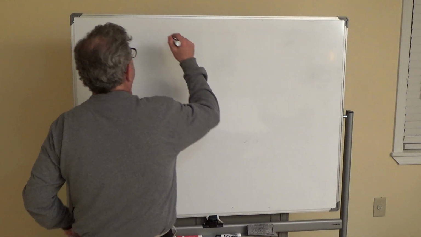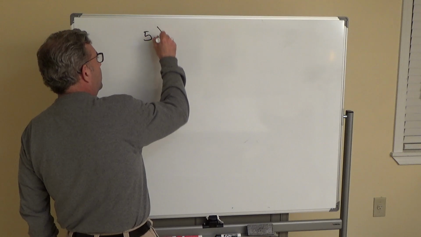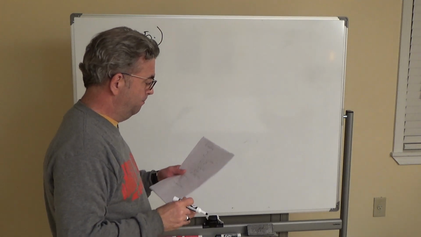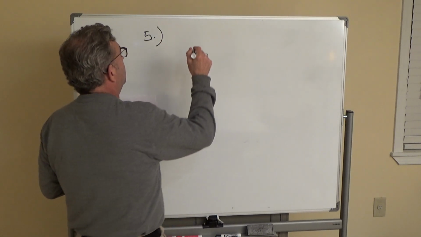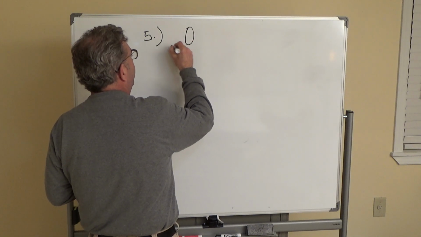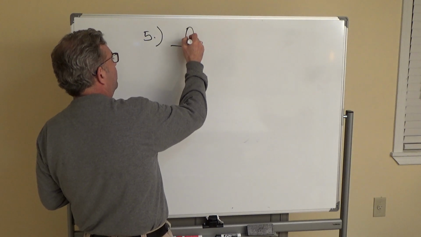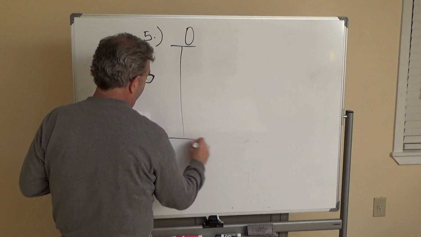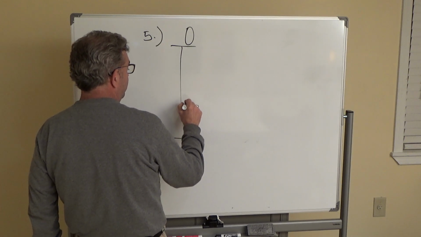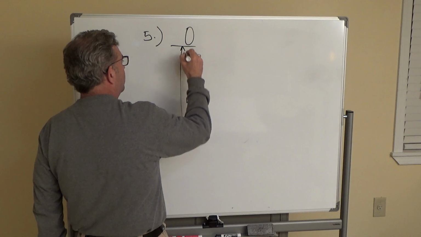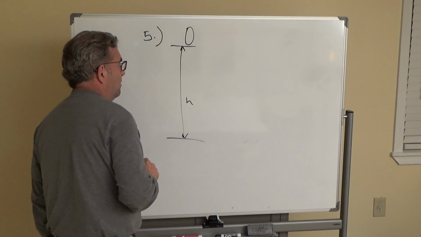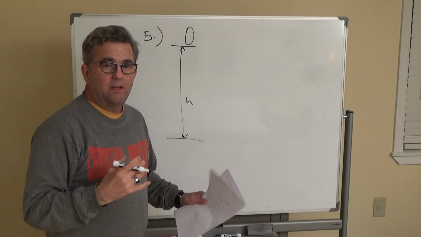Number 5 is a skydiver problem. So assume an oval skydiver. Here's the skydiver, and here's the ground, and this distance is h. Okay? So they give you that value.